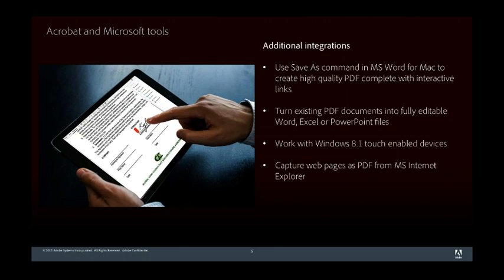We've also optimized the user interface to work with Windows 8.1 touch-enabled devices such as the Surface and Surface Pro. So the application's interface adapts itself to make it more touch-friendly on those devices, and it works really well. And we can also capture web pages as PDF directly from Microsoft's Internet Explorer, as well as other web browsers.